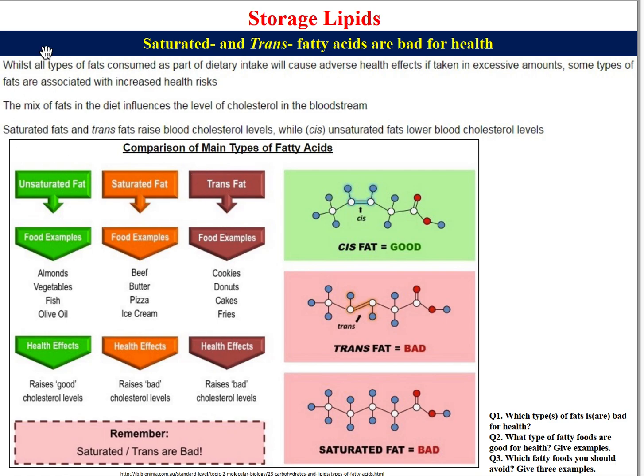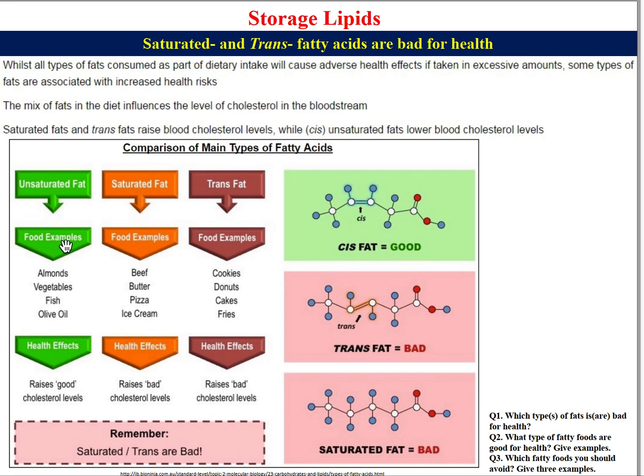While all types of fat consumed as part of dietary intake will cause adverse health effects if taken in excessive amounts, some types of fats are associated with increased health risks. The mix of fats in the diet influences the level of cholesterol in the bloodstream. Saturated fats and trans fats raise blood cholesterol levels, while unsaturated fats lower blood cholesterol levels.